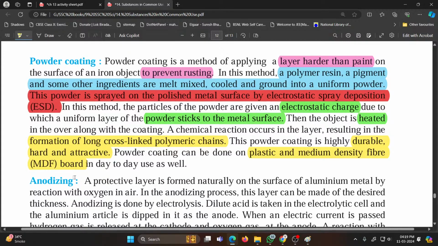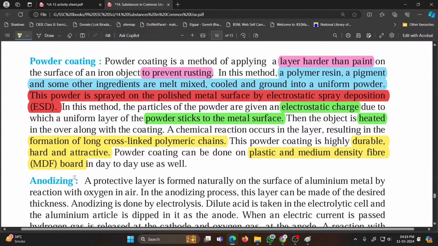So powder coating, it is a layer harder than paint. It prevents rusting. In this, a polymer resin, a pigment and some other ingredient are melt mixed. That means they are heated, liquefied, then mixed, cooled, and then ground into a uniform powder. This powder is sprayed on the polished metal surface by means of electrostatic spray deposition method.